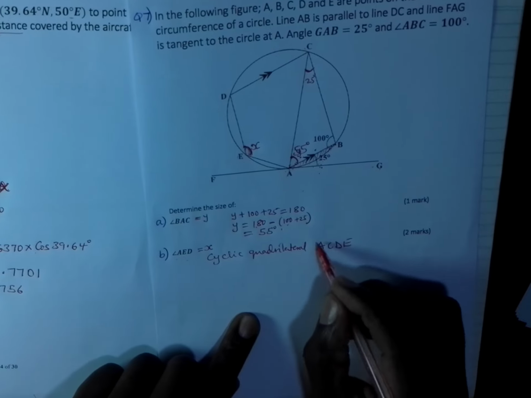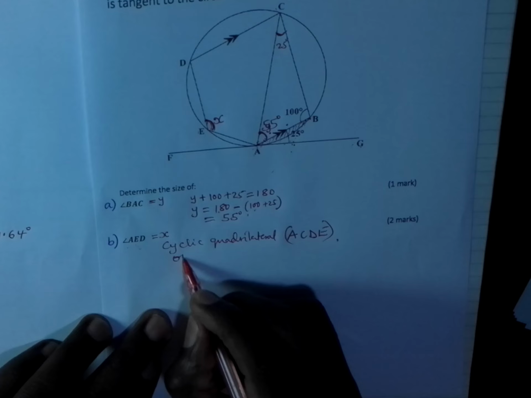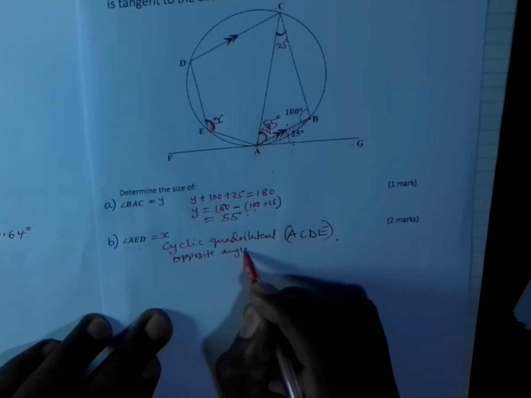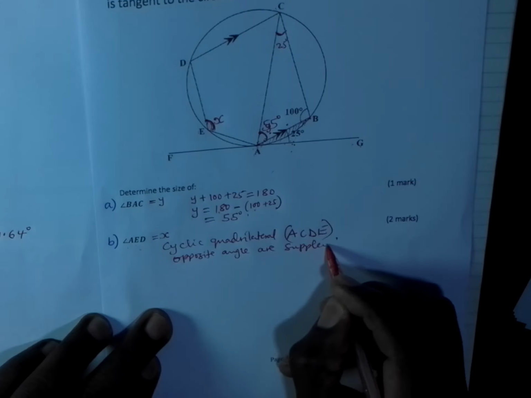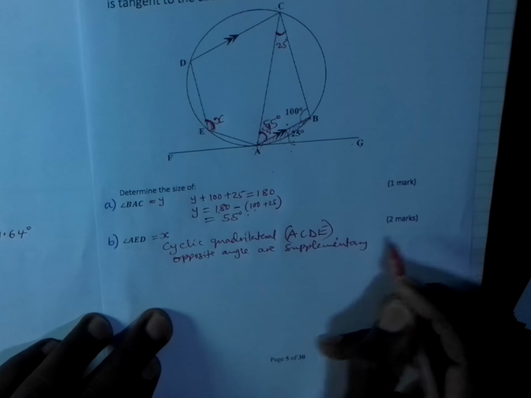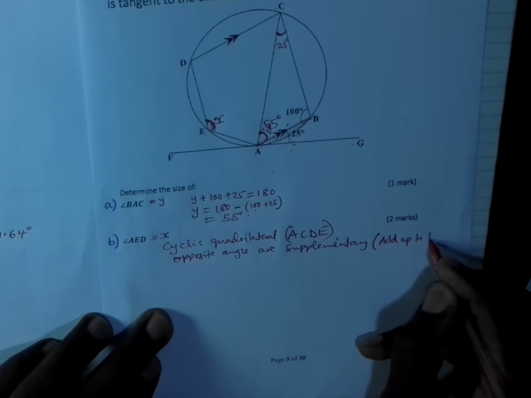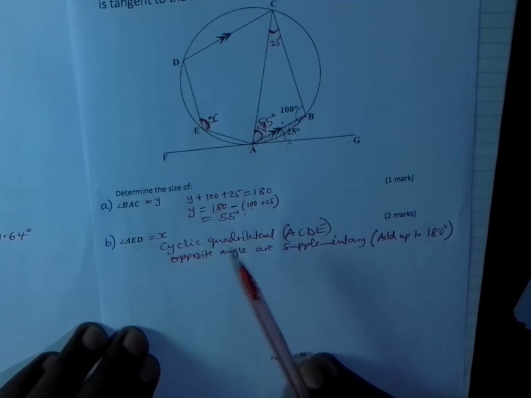And you know that opposite angles are supplementary. That means they add up to 180 degrees.